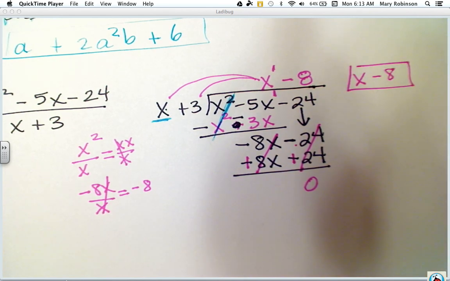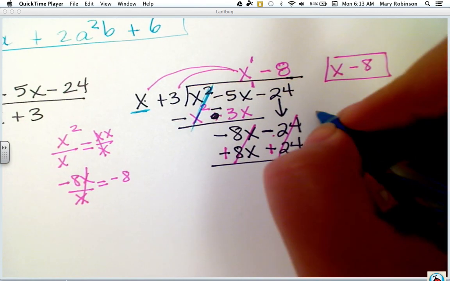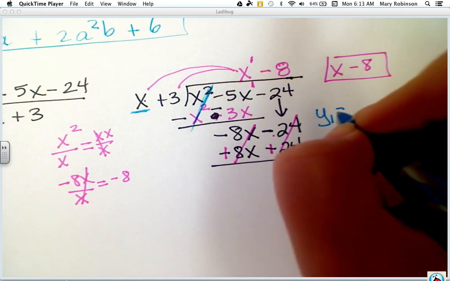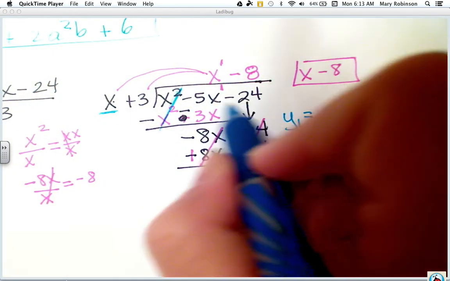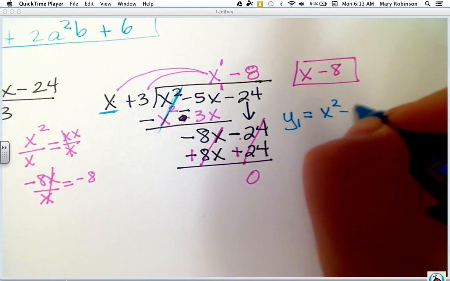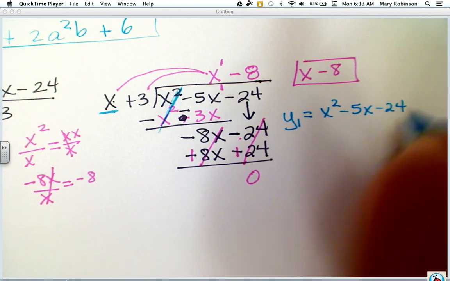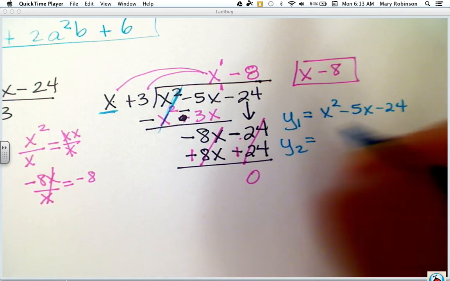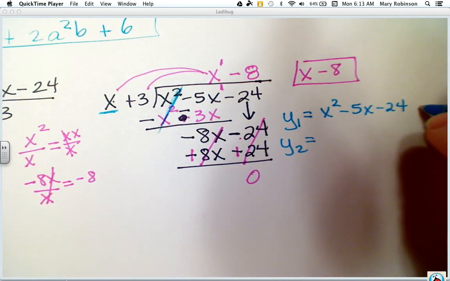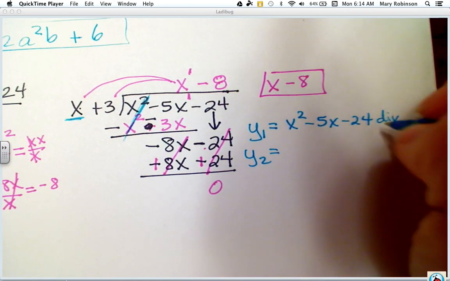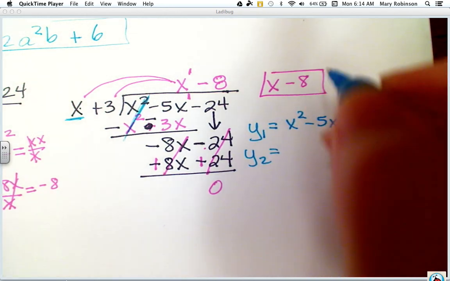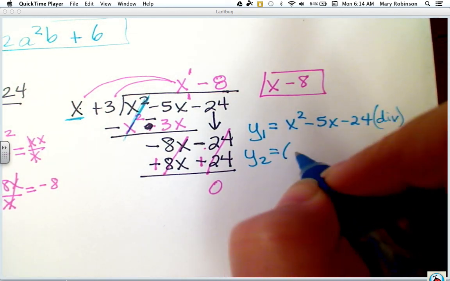Now what that should mean is that in your calculator, you could go to y1. Remember, you've learned a lot about how to check your answers. You can type in your dividend. And then in y2, you should be able to put in your divisor times your quotient.